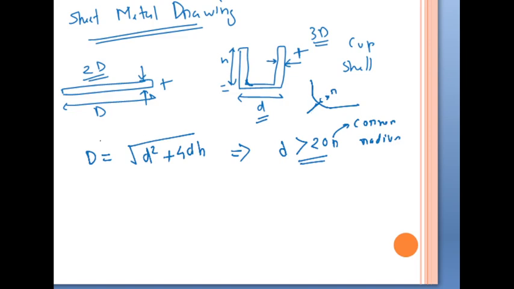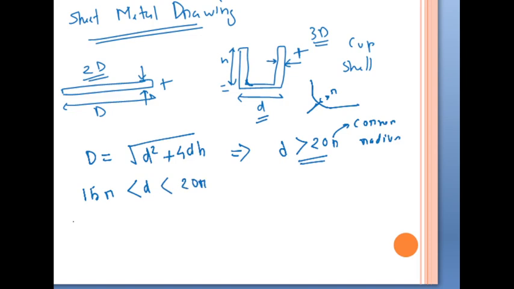Now let's say there is a case where the diameter of the product that has been produced is greater than 15R but less than 20R. What will happen in that particular case?